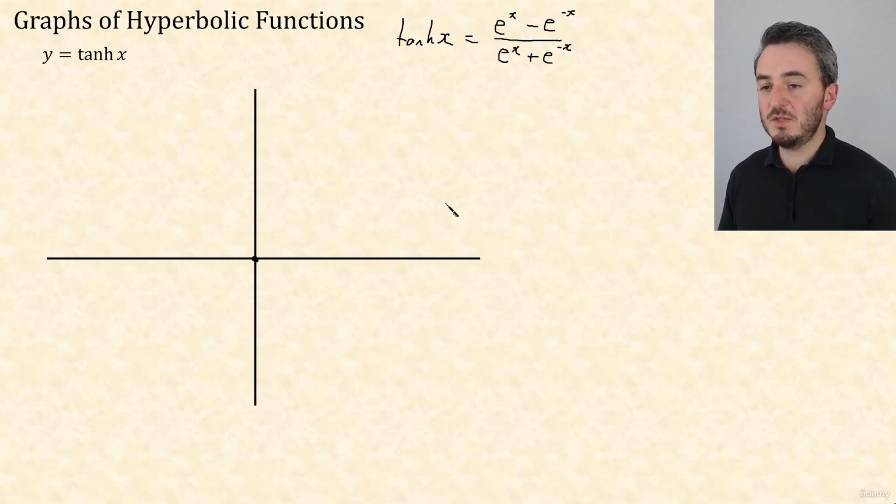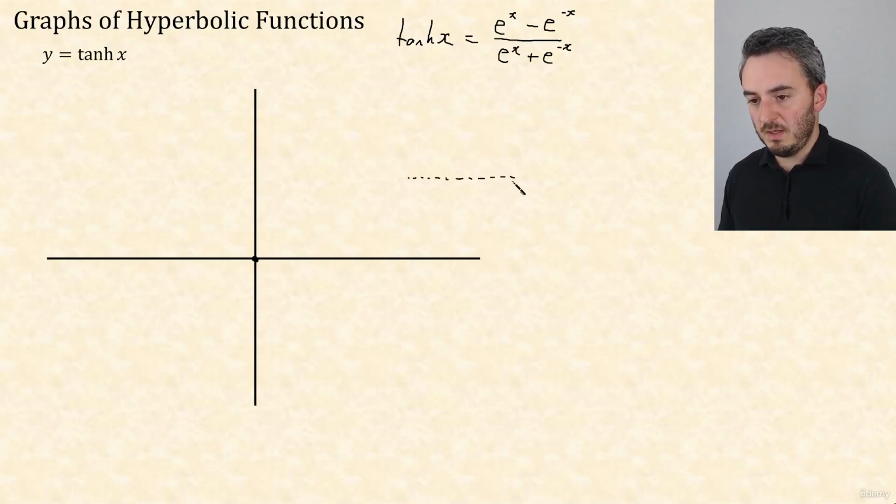Now, as x tends towards positive infinity, the e to the minus x bits disappear down to 0, and we're left essentially with e to the x over e to the x, which is 1. So this graph is tending towards a y value of 1. In fact, it's a horizontal asymptote there. So it is tending towards that horizontal line, like so.